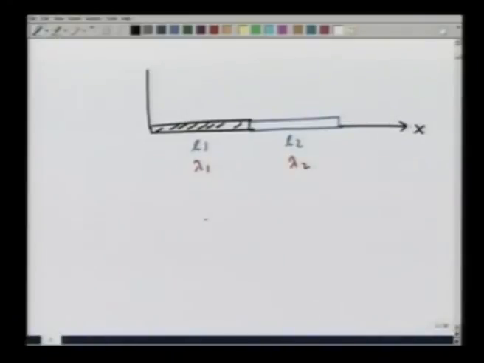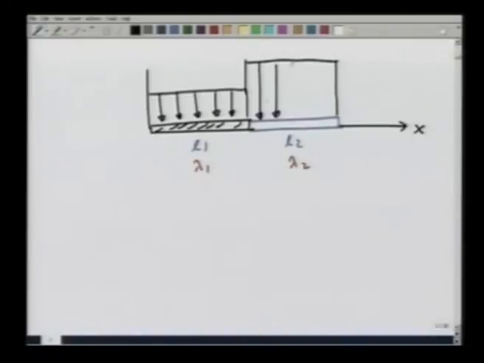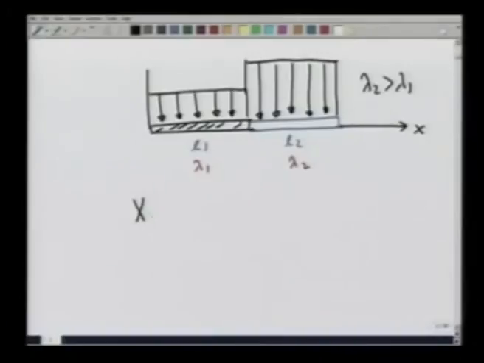If I plot the load curve, it will be constant lambda 1 g per unit length here, and if we assume lambda 2 to be greater than lambda 1, and I wish to calculate the center of gravity. By definition, the center of gravity is the centroid of this load curve.